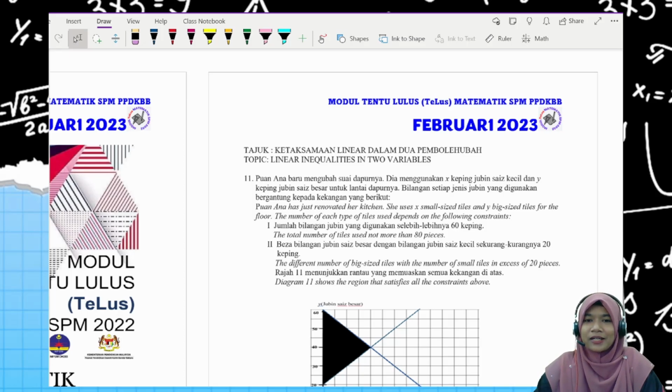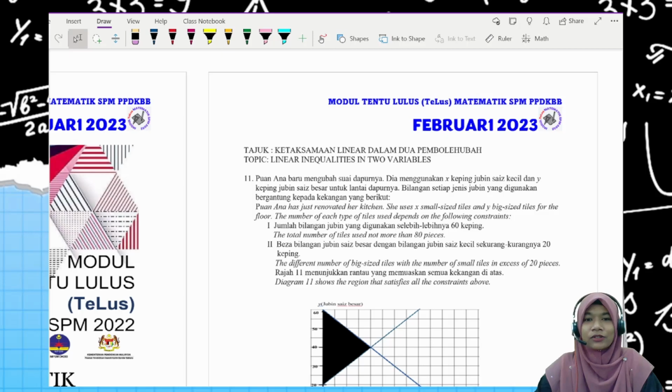The marks for this question are normally from 3 to 9 marks, so it will give a big impact for you if you can't answer the question. So you have to try to answer the question.